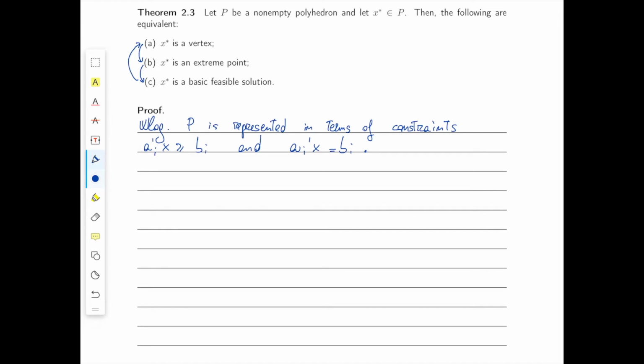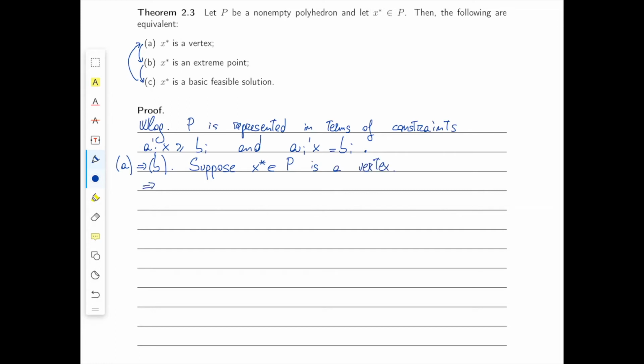So let's then get to the first part of the proof. In the first part, we're going to show that A implies B. So we suppose that A holds, so that x star in P is a vertex.